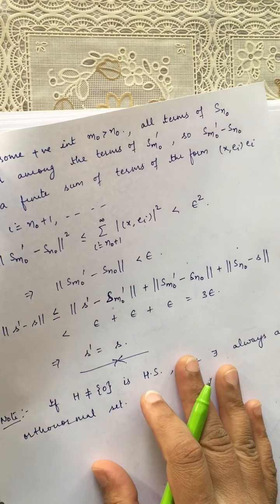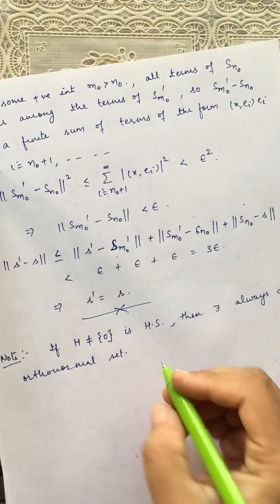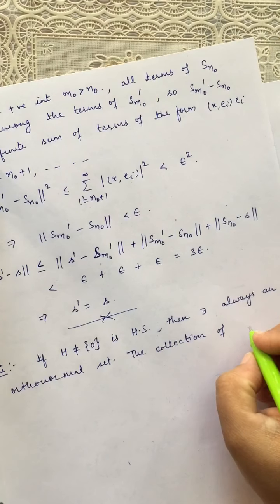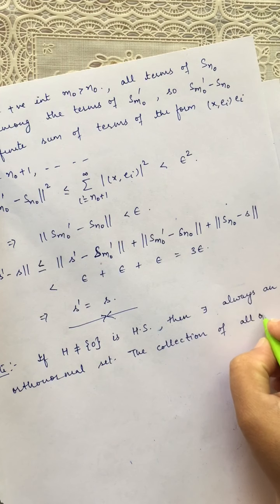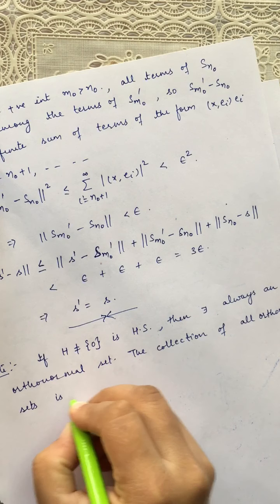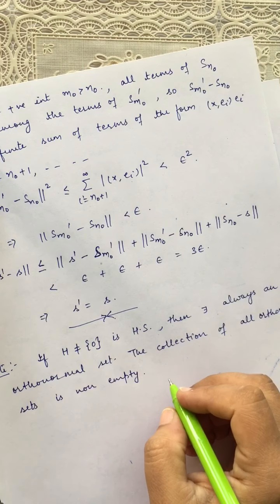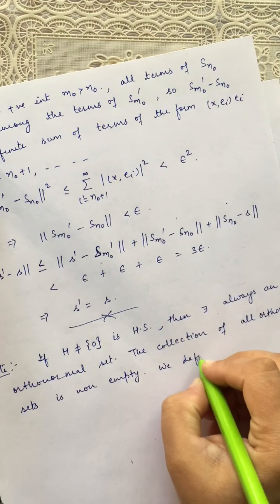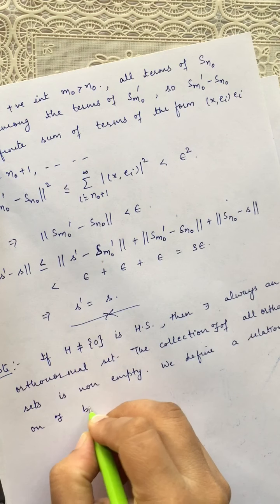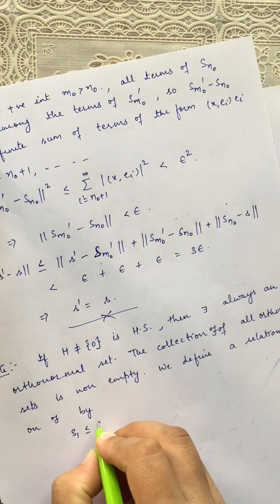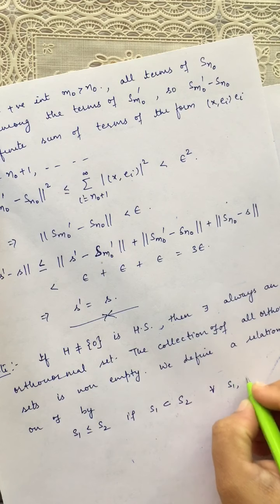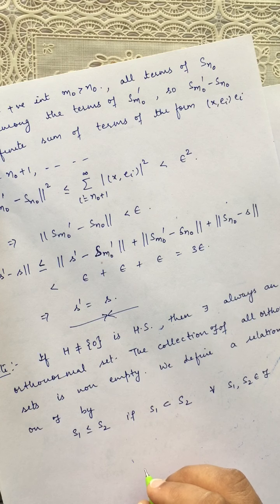That means the collection of all orthonormal sets is non-empty, and we define a relation, and let us say this collection is F, a relation on F by S1 is less than or equal to S2 if S1 is contained in S2, where S1 and S2 are orthonormal sets of the Hilbert space H. That means they belong to the collection F.